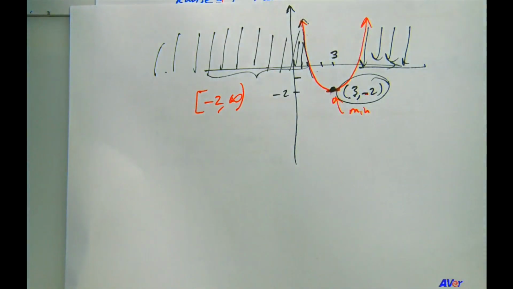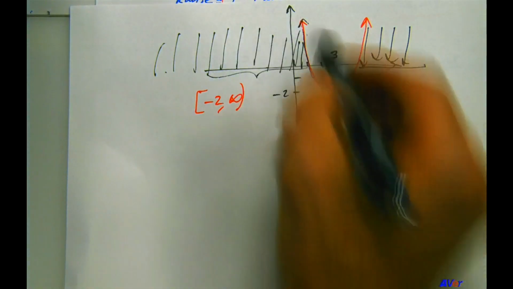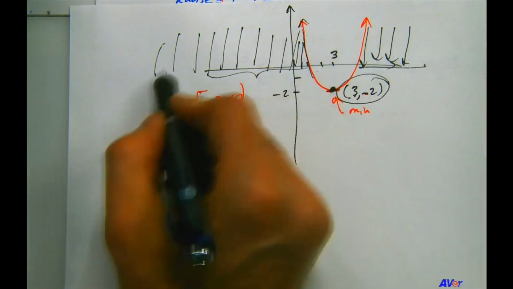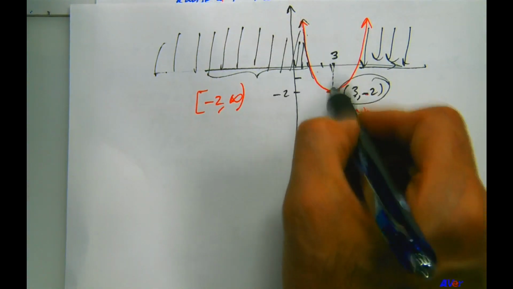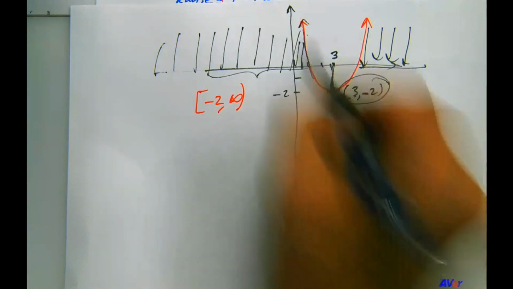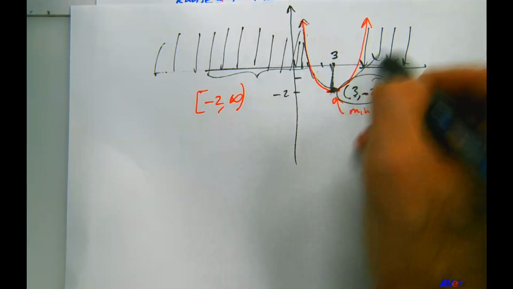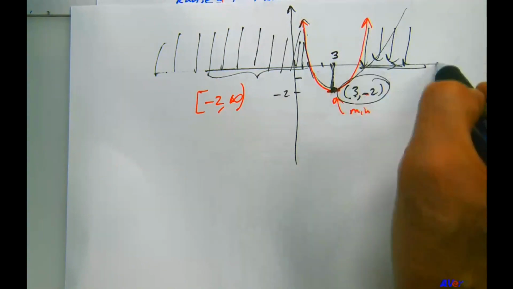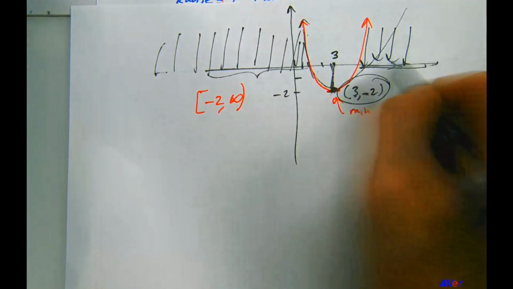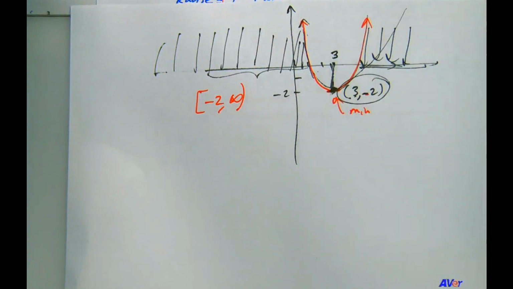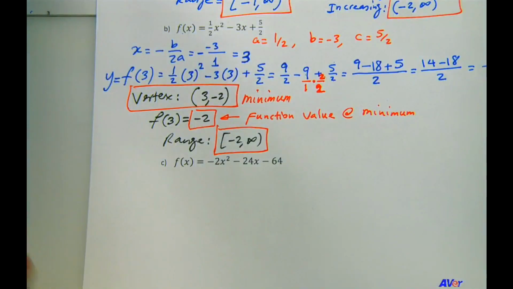So let's write that down. I hope that explanation helped. So from negative infinity all the way to x equals 3, it is declining. Then after 3, all the way to positive infinity, going this way along the x-axis, it is increasing. Okay, let's write that down.